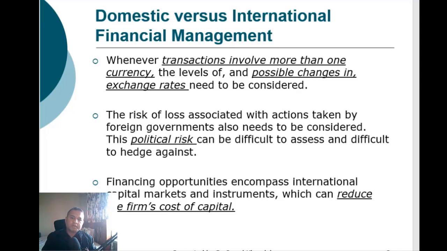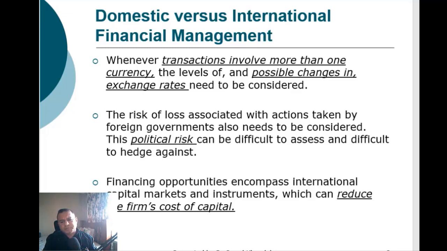First of all, we need to understand the domestic versus international financial management. Wherever there is a transaction involving more than two currencies, the level of and the possible changes in exchange rate need to be considered. So what does it mean? When we are doing an international transaction, we need to consider the transaction and the exchange rate, and we also need to consider other factors.